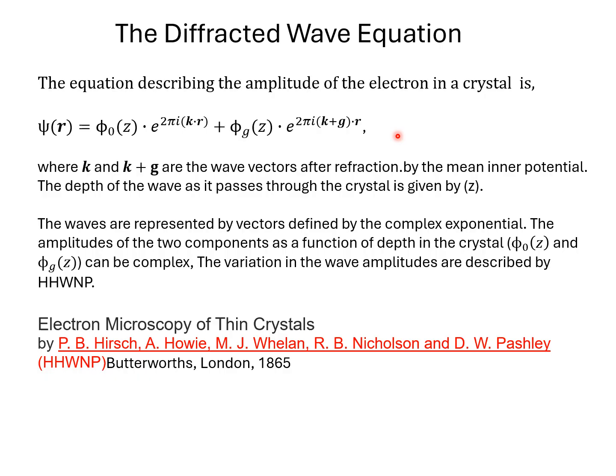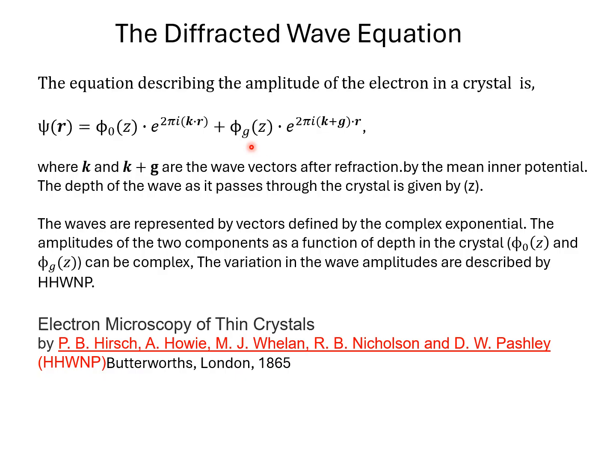So formally, the wave equation describing the amplitude of the electron in a crystal is given by this. It's a sum of the direct wave amplitude and the scattered wave amplitude.